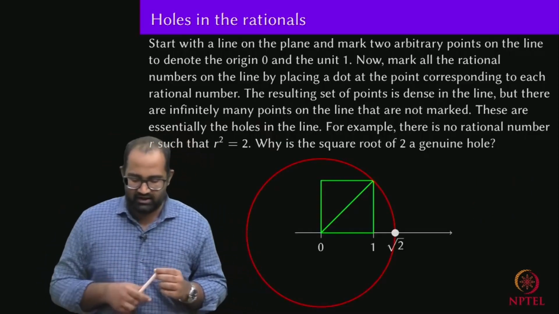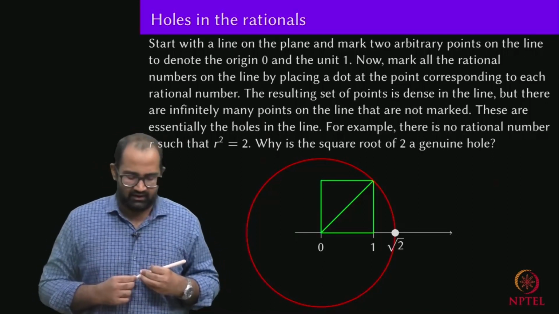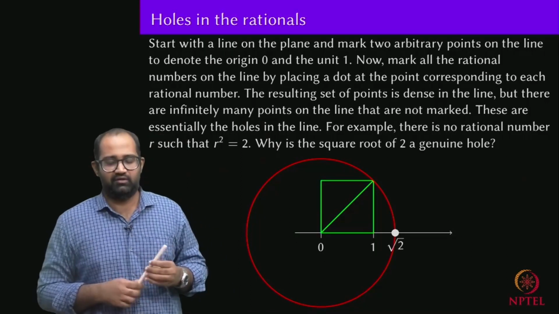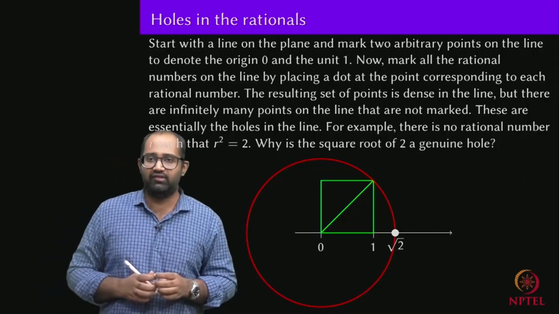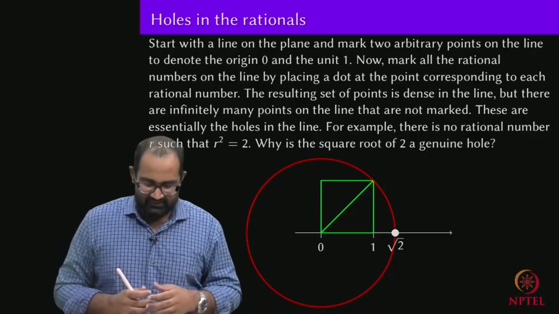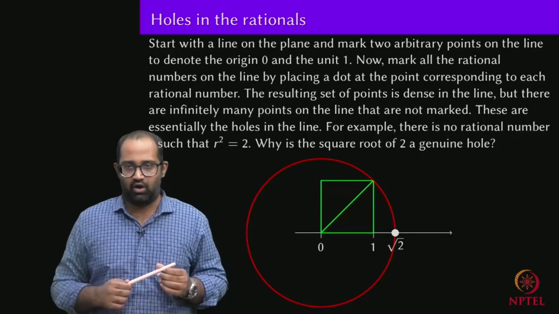Well, let's look at this picture. It's a classical geometric argument. You draw the green square that I have drawn, which is the unit square, that is, its base is the segment 0, 1 that we first marked off.